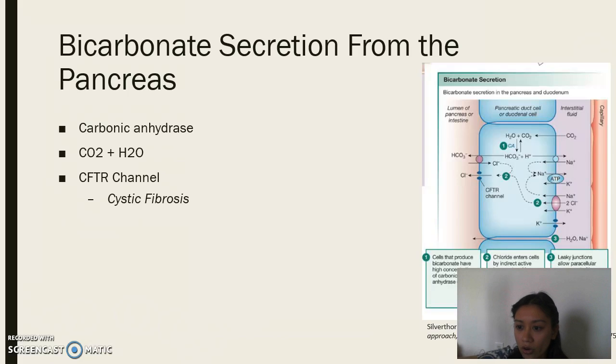So chloride for the bicarbonate exchange enters cells on the basolateral NKCC cotransporter, and then will leave via the apical CFTR channel, which can be seen right here.